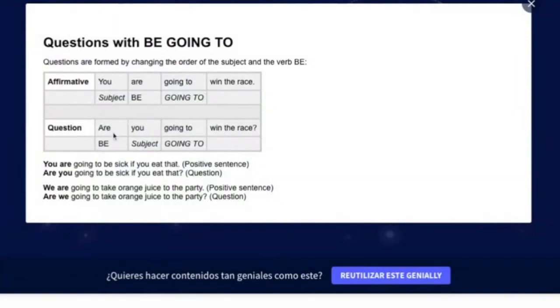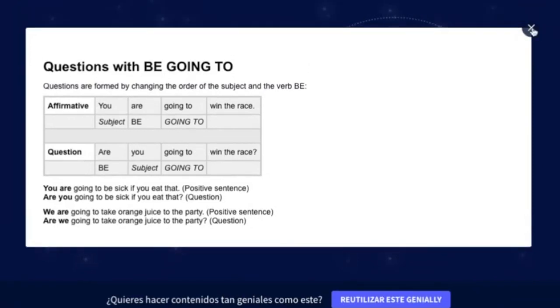In the affirmative sentence, we start with the subject, which is you, I, whatever, and then the verb to be, and then going to. But in the question form, we start with the verb to be, after this the subject, and then the going to and the complement.